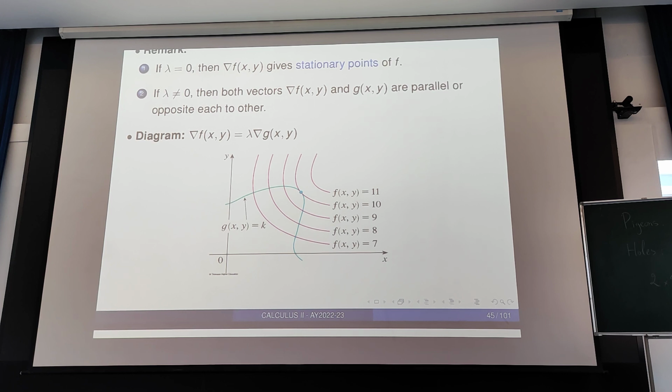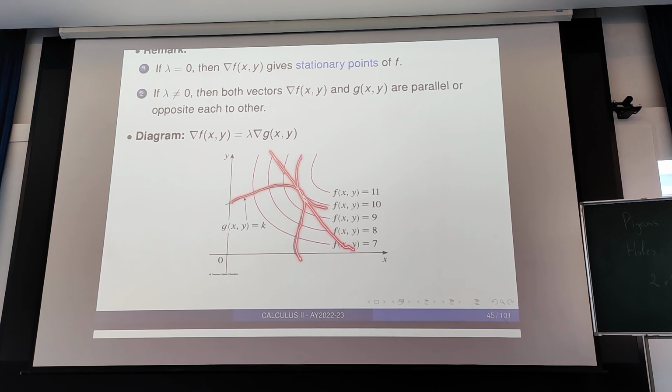And you can see when two gradient vectors are parallel, that means there exists a level curve of the function f such that we have a common tangent line with the level curve g(x,y) equals k.